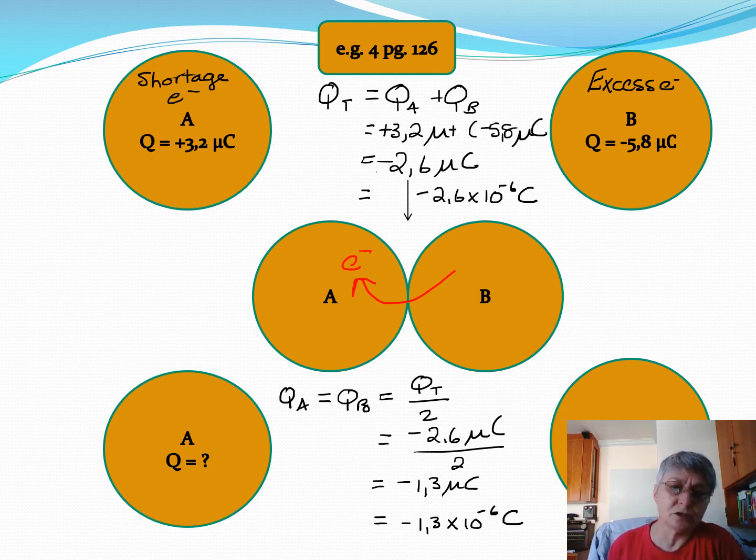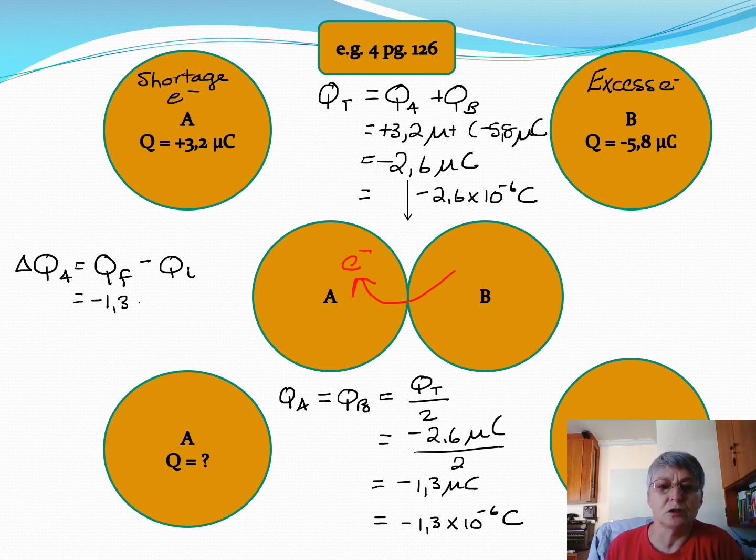Next question to answer is, what is the change in charge on A? Now, the change in charge is always calculated by taking the final charge and subtracting the initial charge from it. And the final charge on A is a negative 1.3, and the initial charge was a plus 3.2.